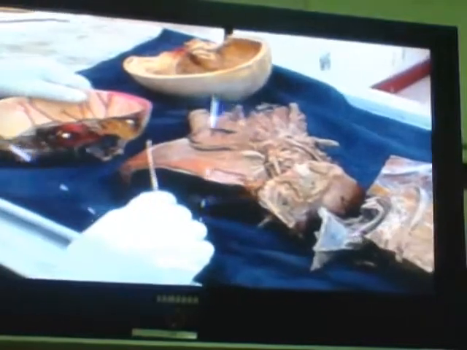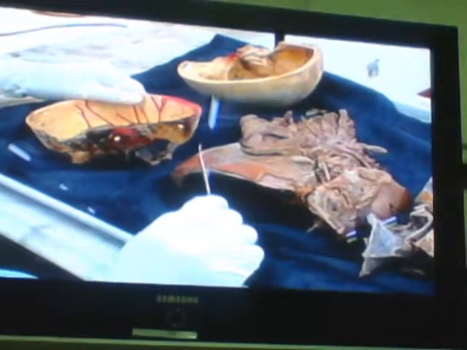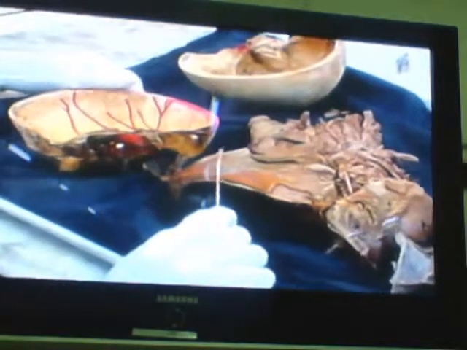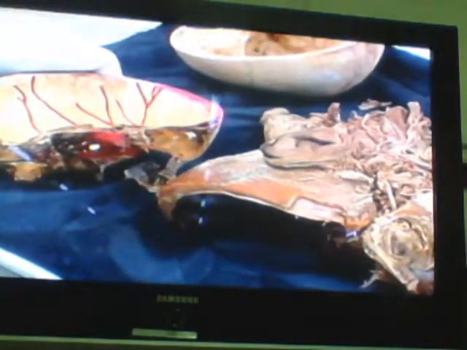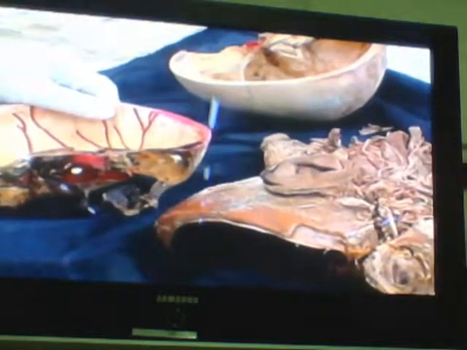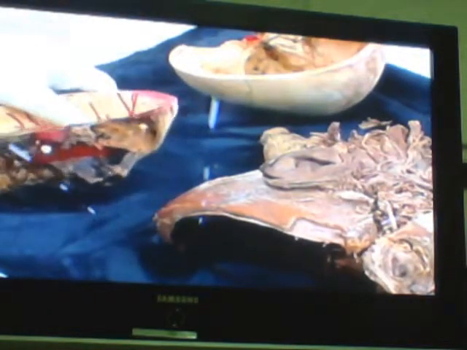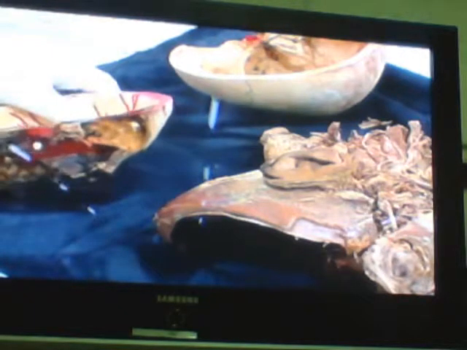Which part of the brain is the olfactory nerve connected to? Table 2. Is the olfactory nerve connected to?